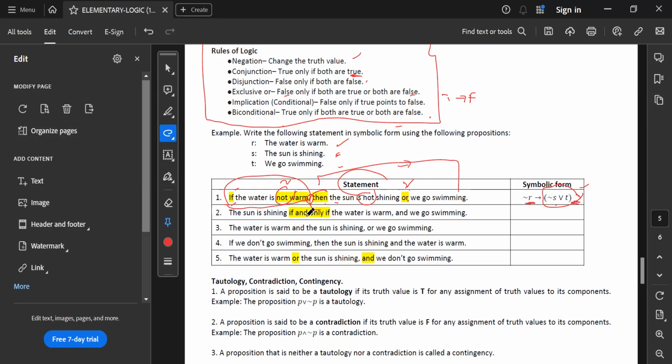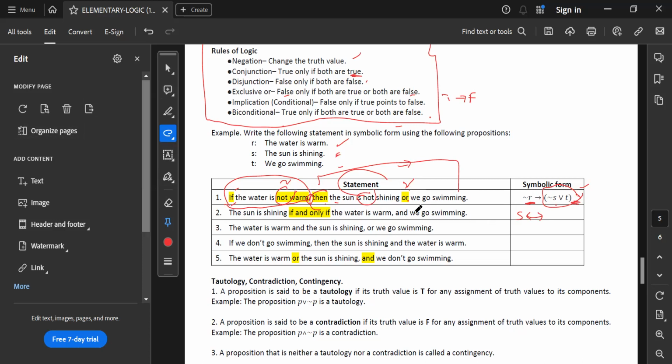So next, the sun is shining if and only if the water is warm, comma, and we go swimming. The sun is shining is the statement S. And then if and only if, so we expect the biconditional symbol.